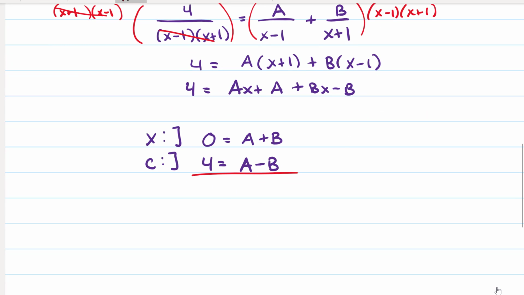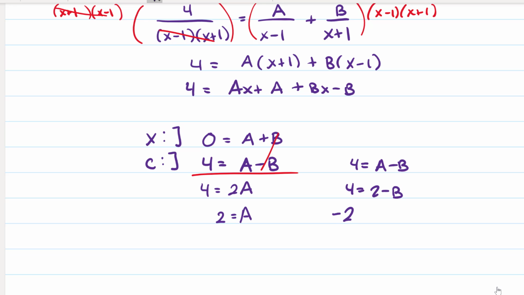If I add these, B cancels, and I get 4 equals 2A, so A is equal to 2. Then I plug A in to get B. So 4 is equal to A minus B, 4 is 2 minus B, and then negative 2 is equal to B. So there's my A, there's my B.